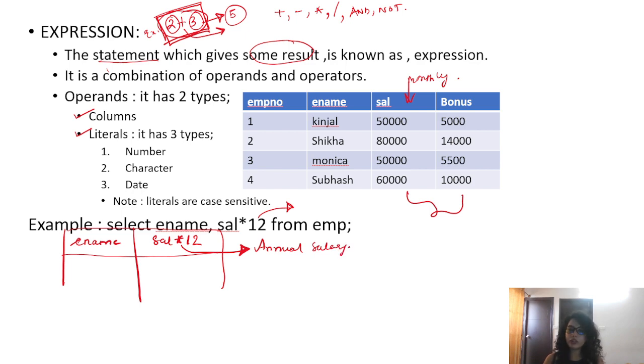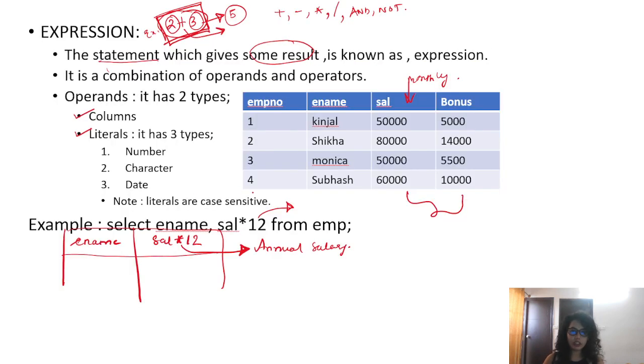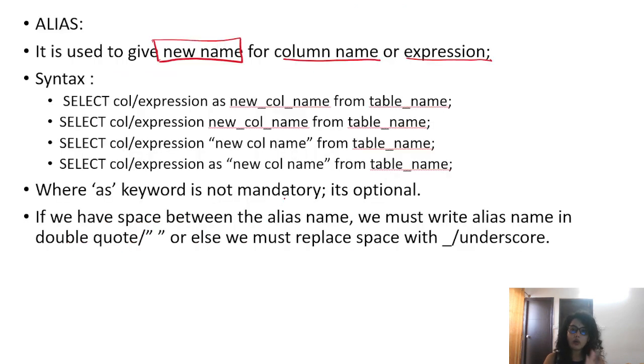So at that time, I'll go for an alias. Basically, whenever you want to give a new name to a column or an expression, keep this in mind. In this case, to the expression sal into 12, I'm giving a new name, which is annual salary. So how will I do it?